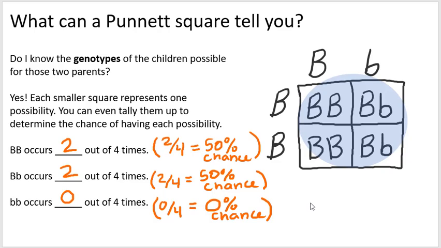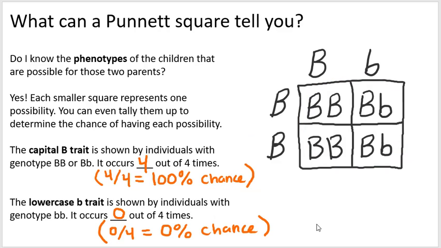That occurs 2 out of 4 times, and that means there is a 50% chance of having a child with that genotype. And lastly, because we're very thorough biology students, we wrote that little b occurs 0 out of the 4 times. So there is a 0% chance that these two parents will have a child with the little b genotype.